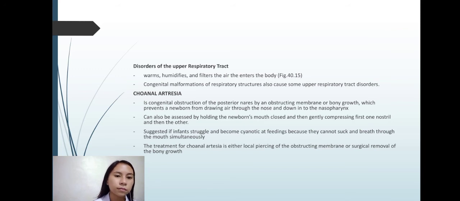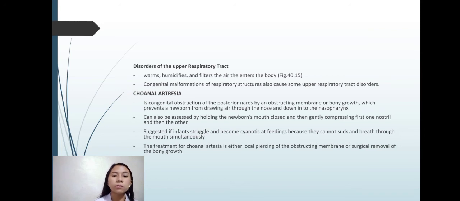So the next one is choanal atresia. It is a congenital obstruction of the posterior nares by an obstructing membrane or bony growth, which prevents a newborn from drawing air in through the nose and down into the nasopharynx.